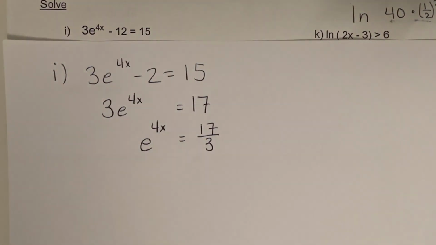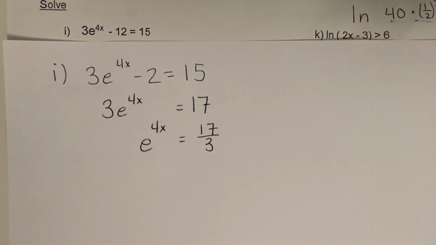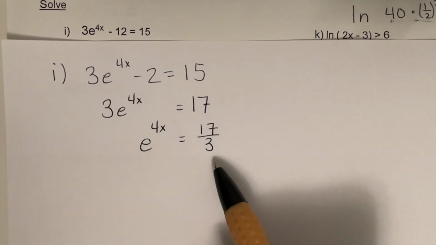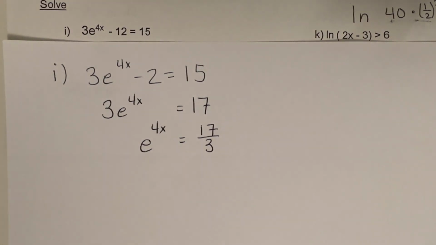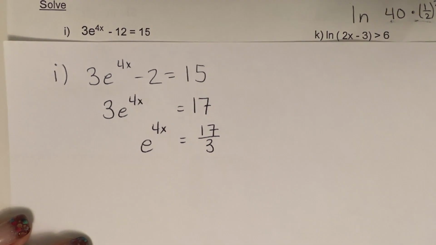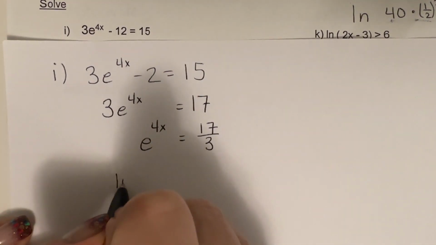Okay, so to solve this kind of exponential, if you can get both sides to be base e, fantastic. But I don't even know how to start getting 17/3 to be 2.8, so on and so on. I don't know how to do that. So instead of taking the log of both sides, we're going to take the natural log of both sides.